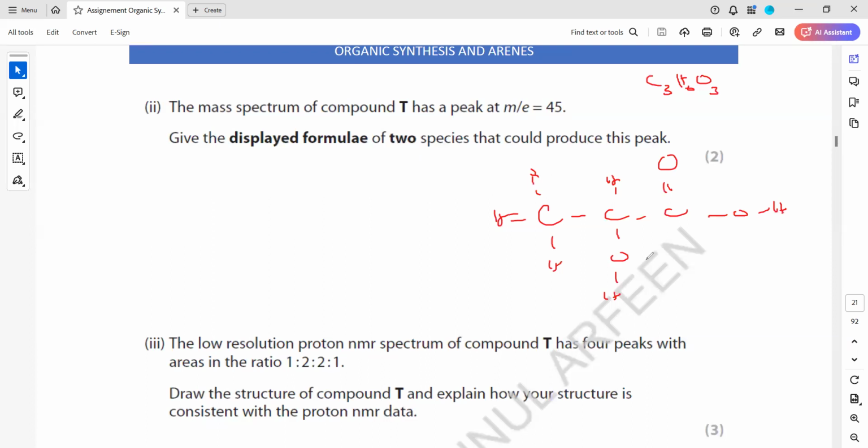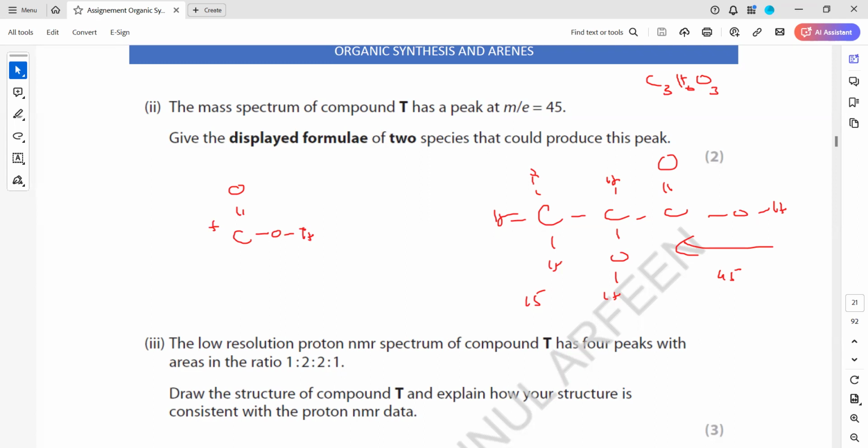So what might be the peak at 45? Because we need two different species, this is 12 plus 3 makes 15, and this one is 17 plus 12. And if we count from here, 16 plus 16 is 32, 32 plus 13, so that will be 45. So one of the peaks is due to the carboxylic group, C double bonded with O, and OH.